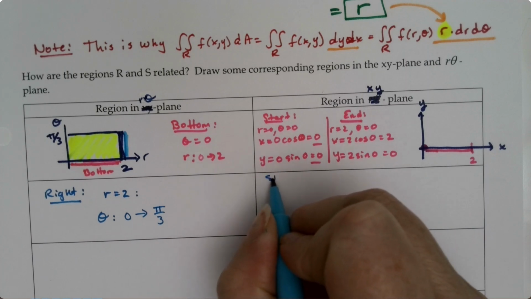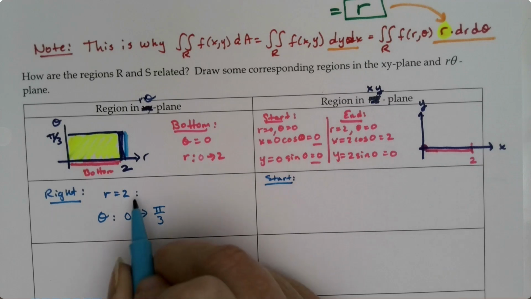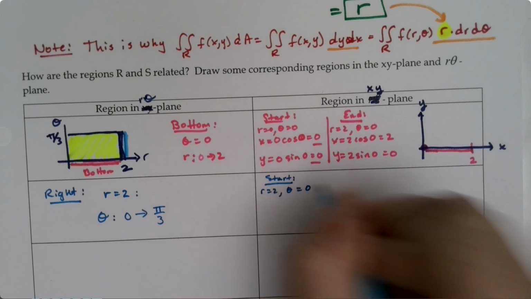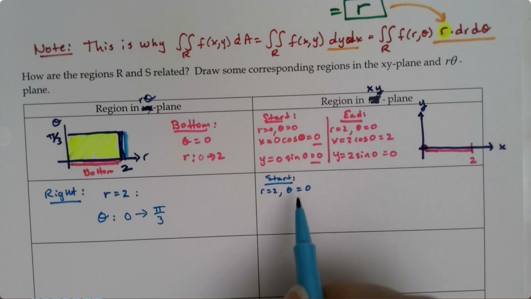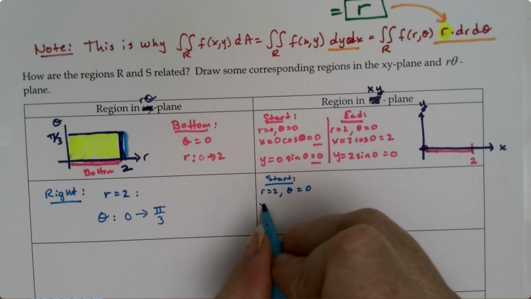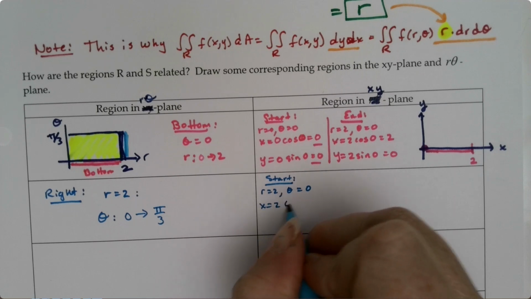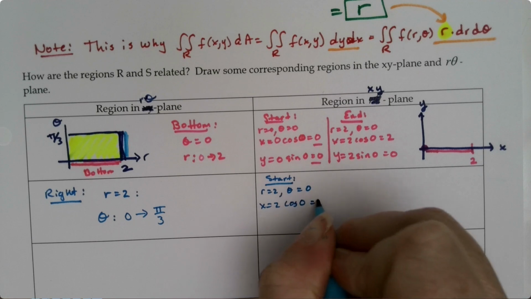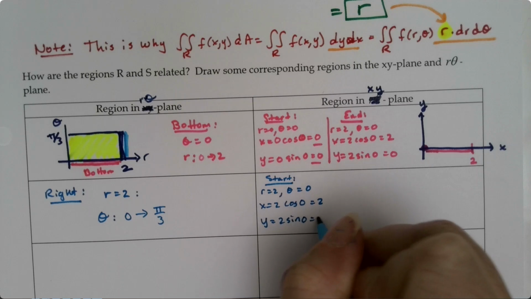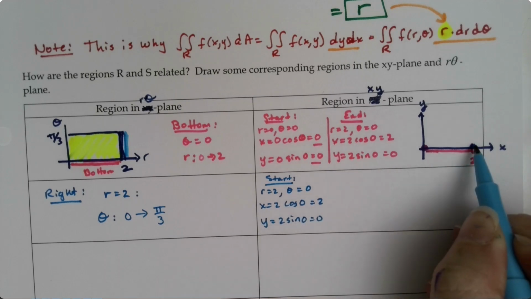At the start, r equals 2, theta equals 0. That's going to mean x equals 2 cosine of 0, which is 2, y equals 2 sine of 0, which is 0. So I'm going to start at (2, 0), which is right here.